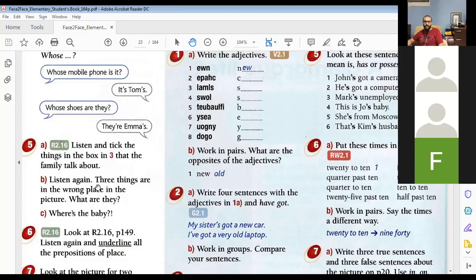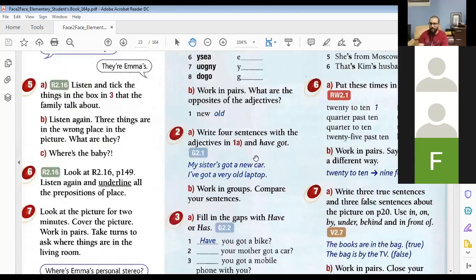Ugly shoes. Sorry, can you repeat it? I've got an easy exam. I've got an easy exam, correct? Okay, okay. So this is how we can use adjectives with have got.